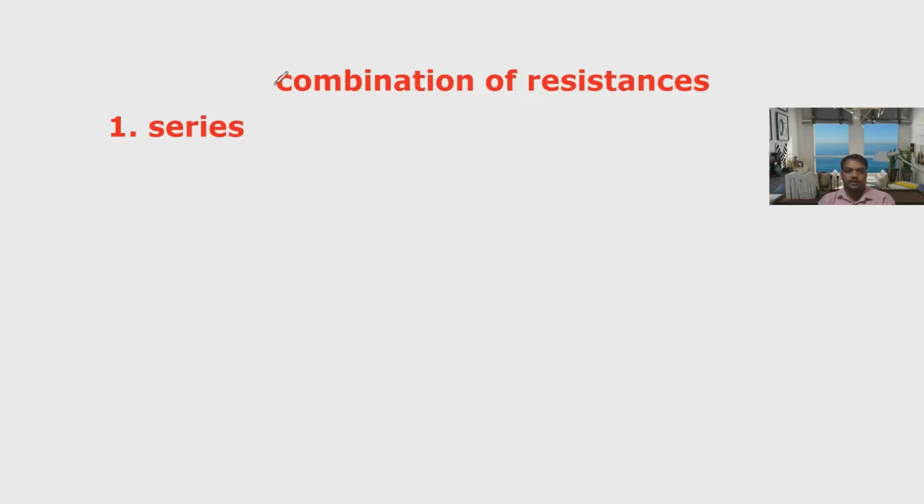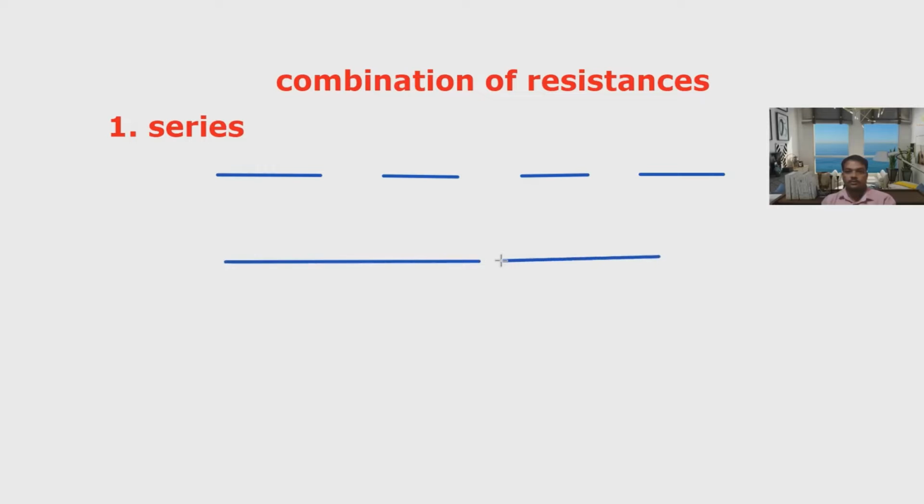Whenever resistors are connected end on end, they are said to be in series combination.